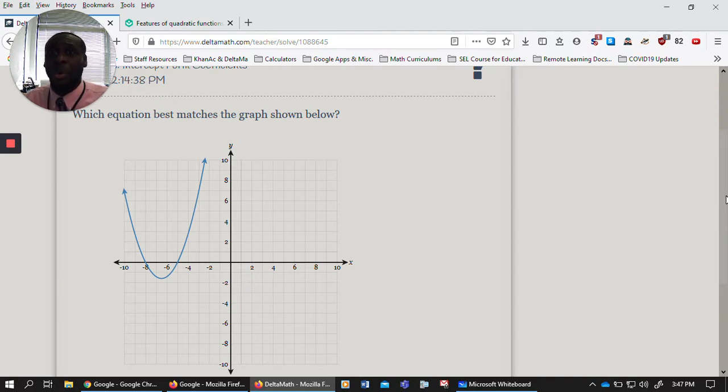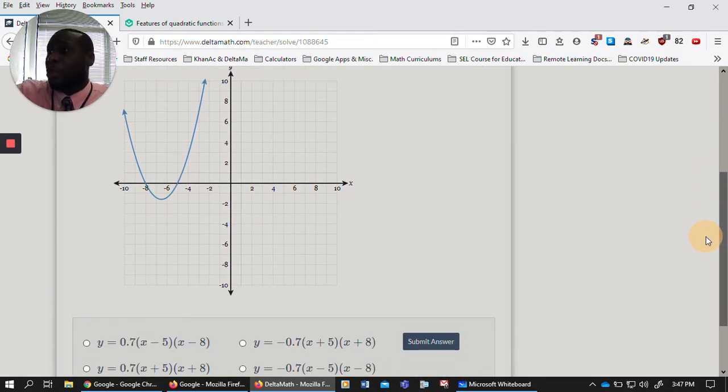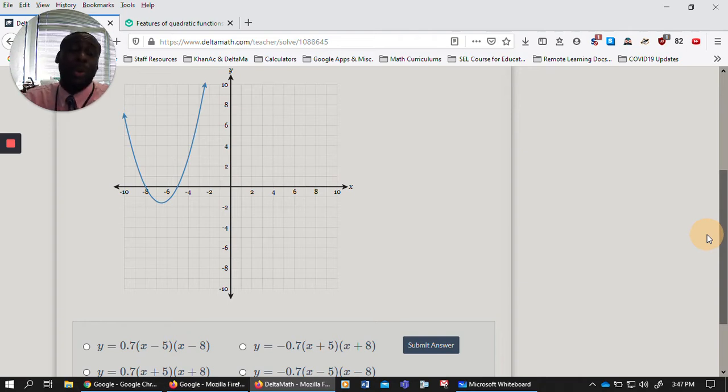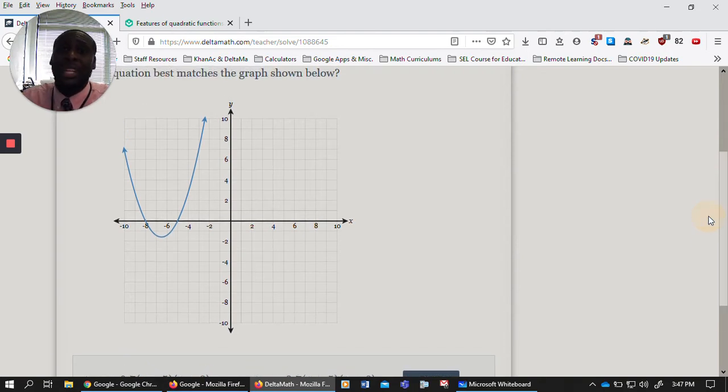For this assignment, first you need to be able to identify exactly what the x-intercepts are from the graph, and then you need to know how that's going to be written in the equation. And there are other things that I want you, my students enrolled in my classes, to show me as part of your work for this Delta Math assignment, which I'm about to show you now with an example.